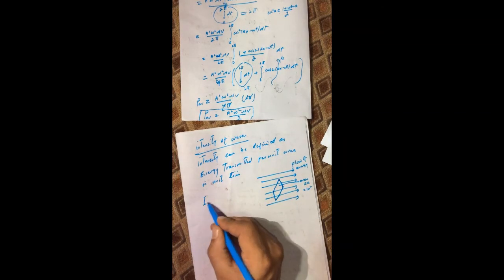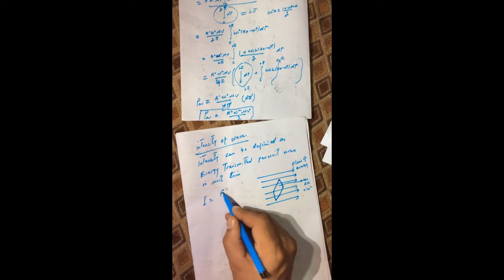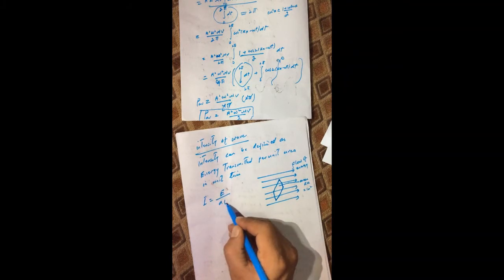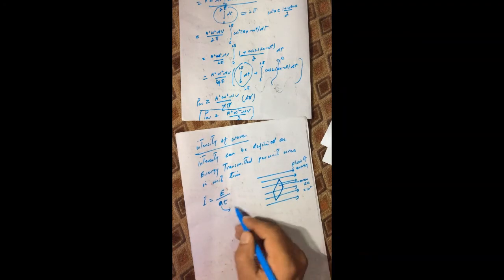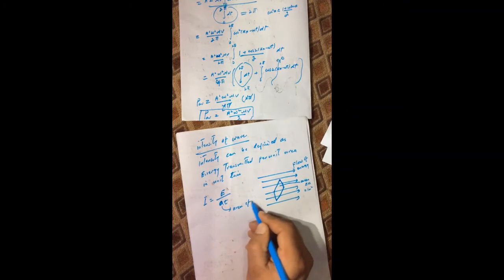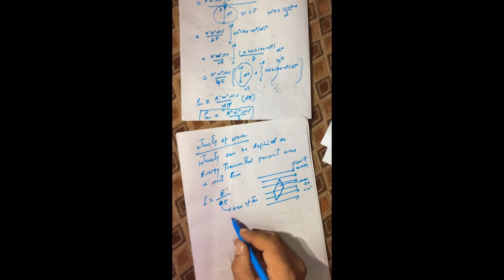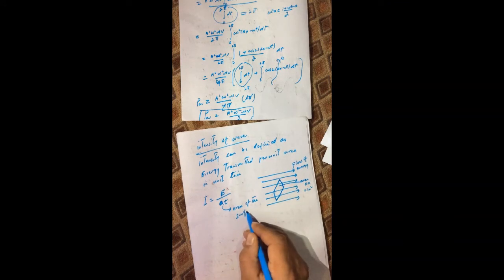Mathematically we can define intensity I as energy transmitted per unit area per unit time. Here this is the area of the surface through which this energy passes. Now we define energy per unit time, energy transferred from one point to another point, as power.